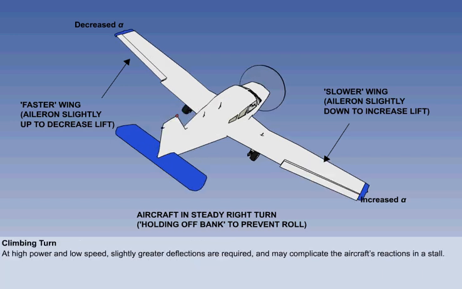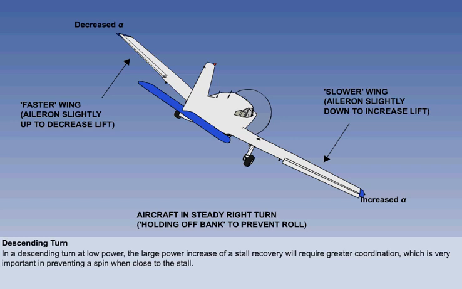In a climbing turn, the airspeed is likely to be lower, but with full or high power, and in a single propeller aircraft, the rolling and yawing forces from the propeller and its slipstream will add to the control deflections required for balanced flight, and may complicate the aircraft's reactions in a stall. In a descending turn, the power is likely to be at a low or idle setting.